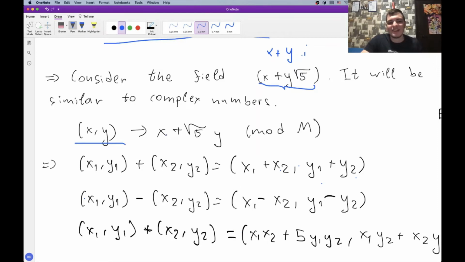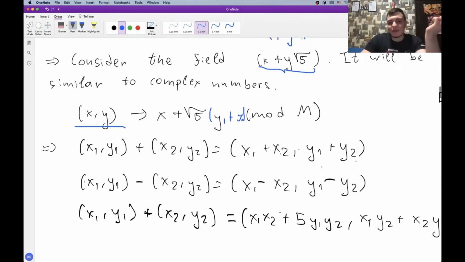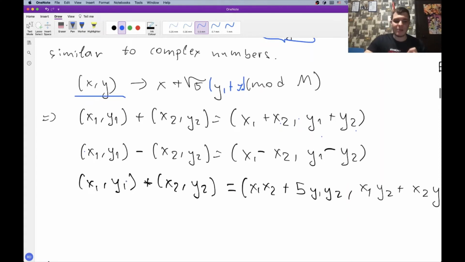That's obvious because if you sum the actual representations, you'd have square root of 5 multiplied by y1 plus y2, and the same for x1 and x2. We do the same thing for the subtraction, and now we need to see what happens when we multiply two things. It's actually pretty simple.